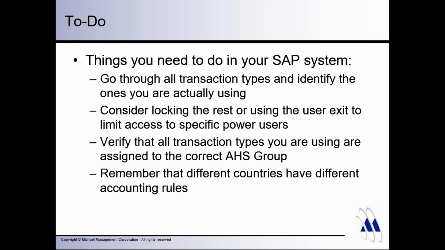If you run that report with European GAAP accounting rules, your transfer column will not be correct for U.S. GAAP purposes, and vice versa. So always keep that in mind. You're not working in an isolated system or in a vacuum. If other countries use the same transaction types, consider their reporting requirements too before you make changes.